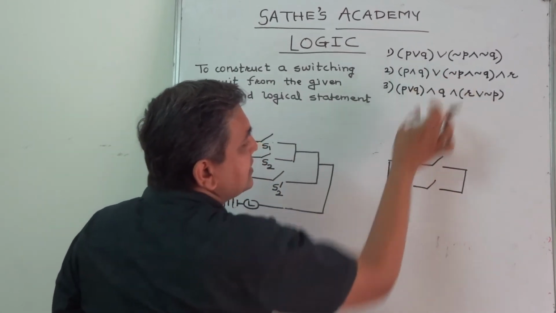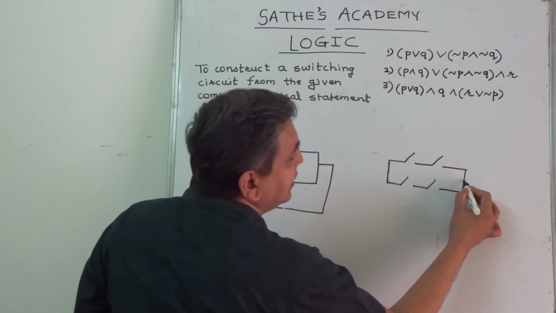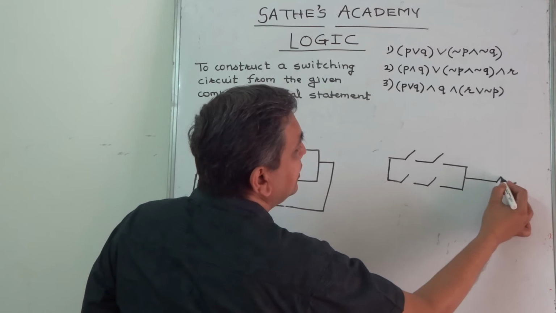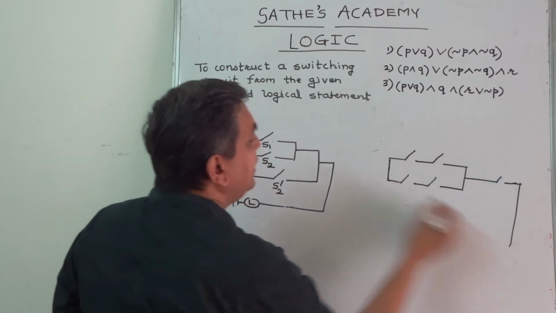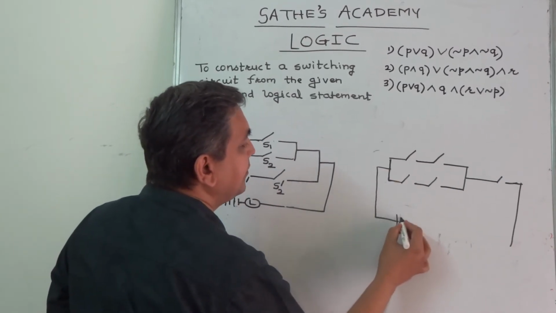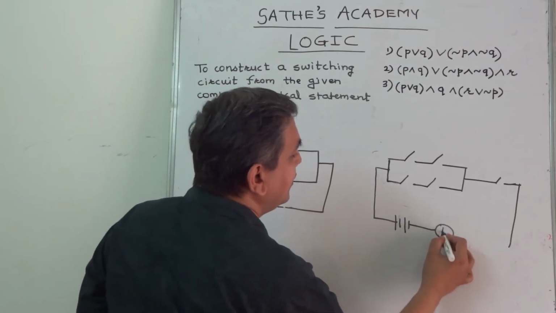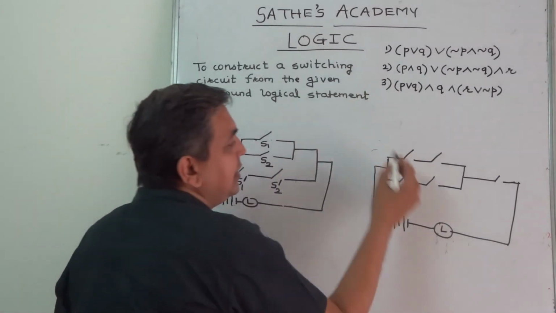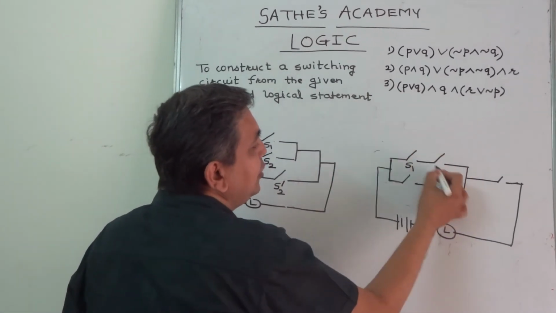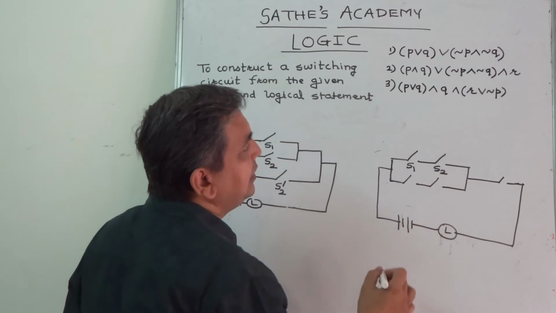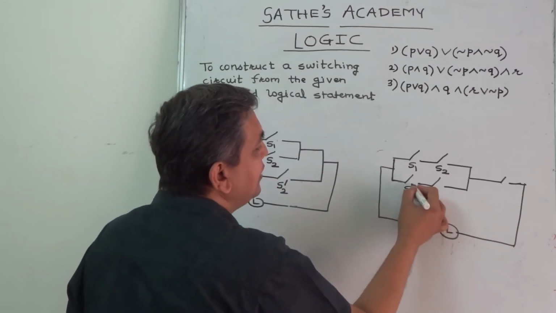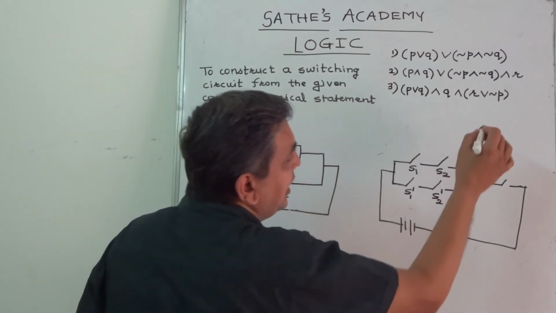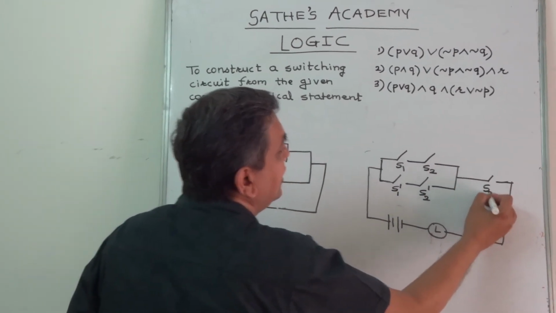So this bracket is complete. Again in series we have one more switch, and then we complete the circuit. And now we name this as P for S1, Q for S2, negation P is S1 dash, negation Q is S2 dash, R we will call S3.